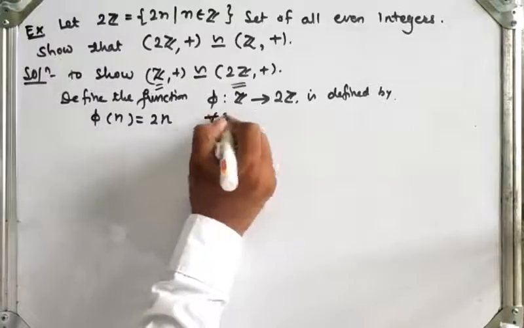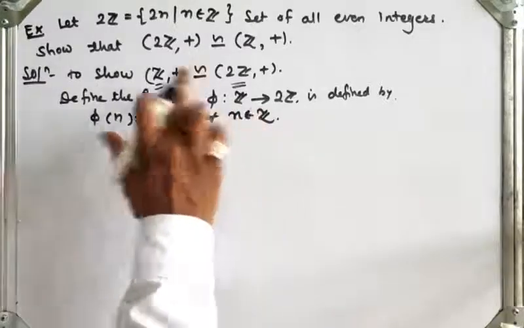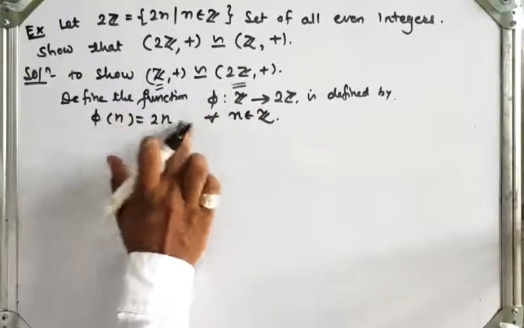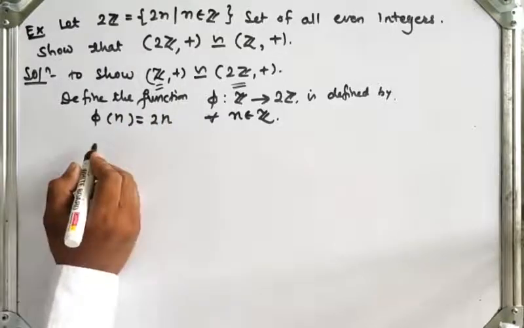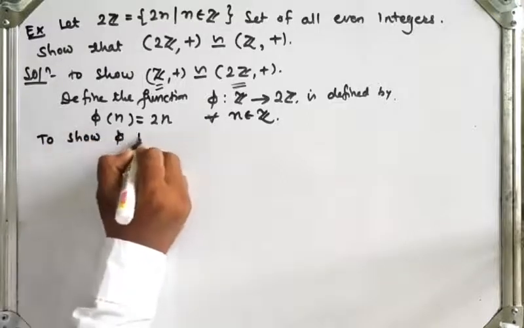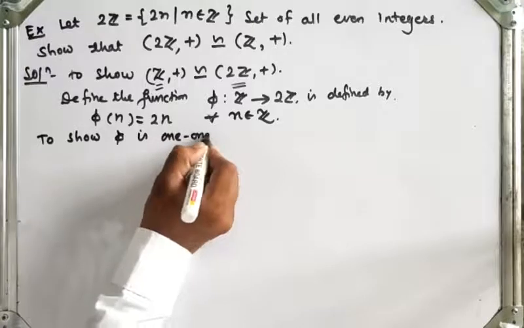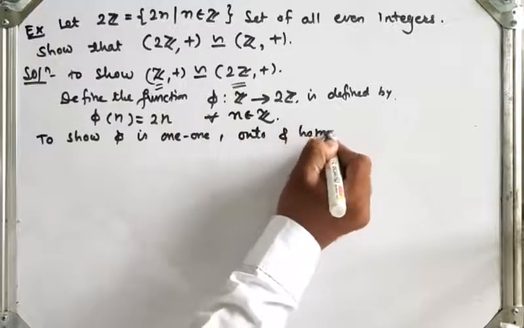For all n belongs to the set of integers, n belongs to the domain, and 2n is in the codomain. Now to show that function phi is one-one, onto, and a homomorphism.